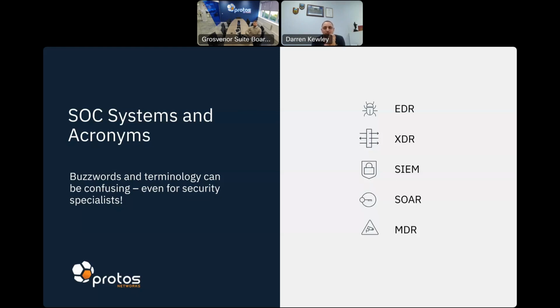And as a security industry, we've got to hold our hands up and say sometimes we're guilty of this on the marketing and sales side. So I'll blame Damien on this one. We coin new terminology just to sound cool. What you can see on the screen are some of the main ones: EDR, XDR, SIEM, SOAR, and all that good stuff. I'll go through these now and explain what they are.